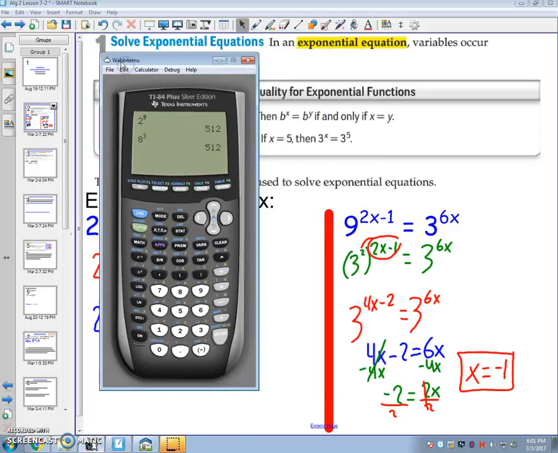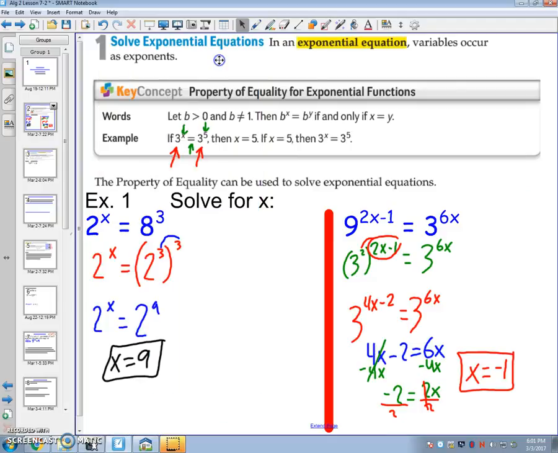So 9 to the 2 times x, with x as negative 1, minus 1 gives me this decimal. Well, 3 to the 6 times negative 1 should be the same decimal, which it is. So again, same bases mean same powers, same exponents.